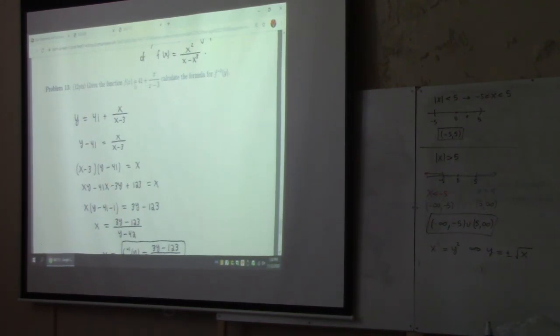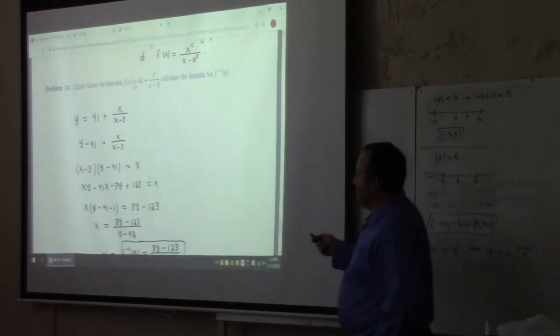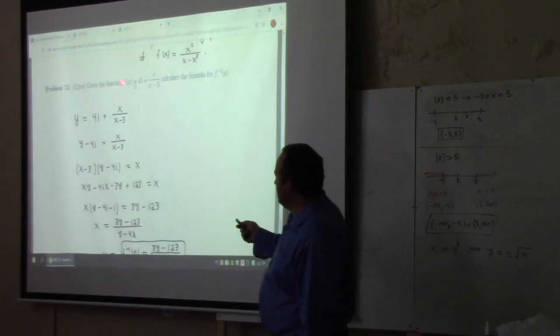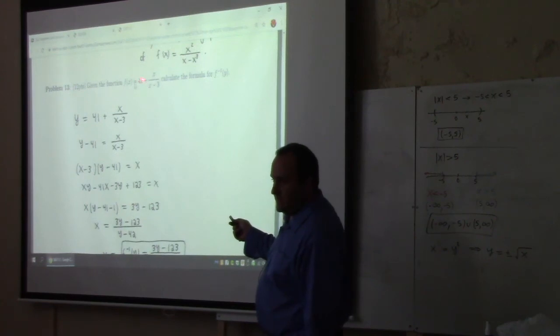Well, what's the domain for f of x in problem 13? We just look at the formula. For what x does this not make sense? There's only one, right? 3 is troublesome because you have division by 0. But otherwise, it's fine. So the domain of f is everything except for 3. Minus infinity to 3, unioned with 3 to infinity.